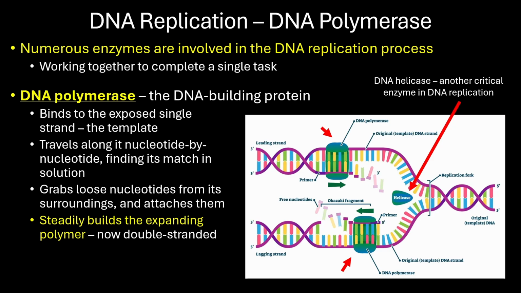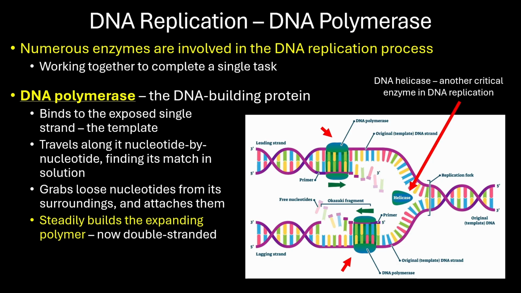DNA polymerase is the enzyme that does the building process. This molecule is going to bind to exposed single strands, the things that we call the template strand of DNA, the one that is going to be the reference to build the new strand. As it travels along the strand, it will build nucleotide by nucleotide, finding the complementary match to each nucleotide on the template strand.